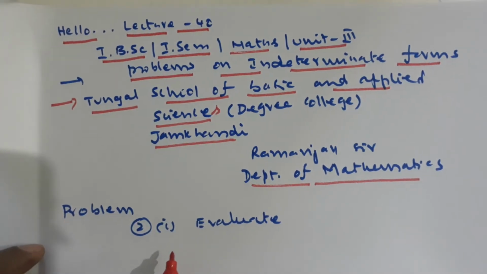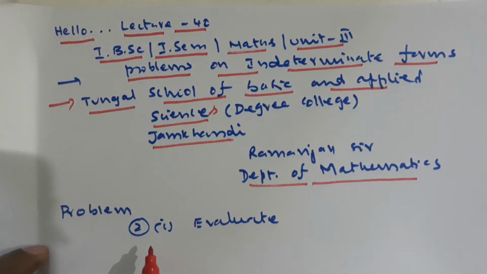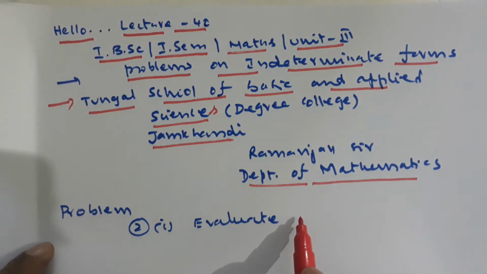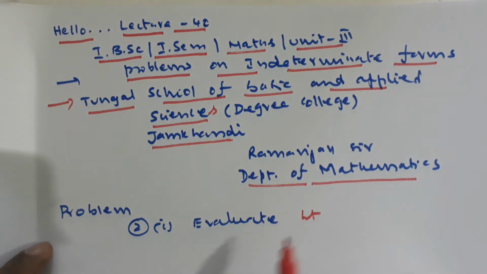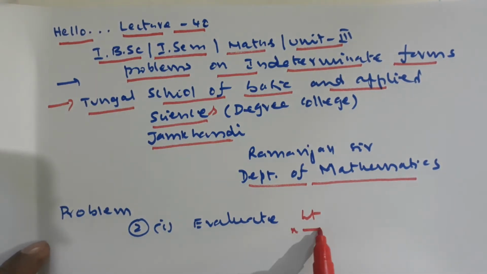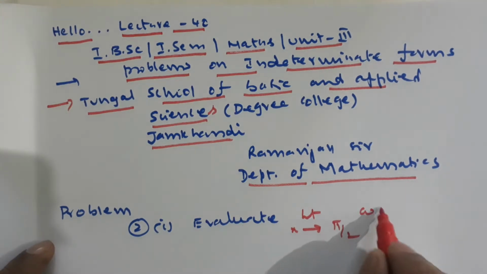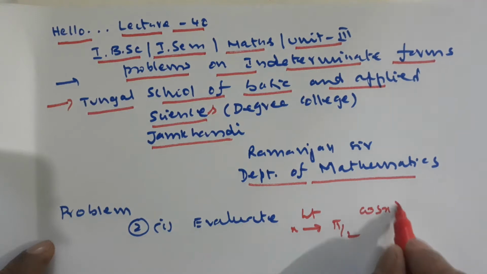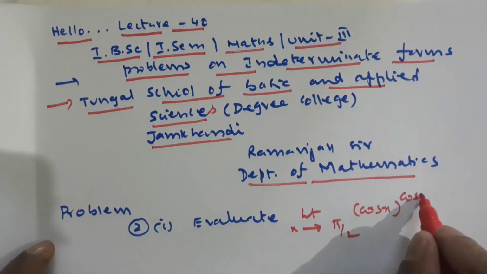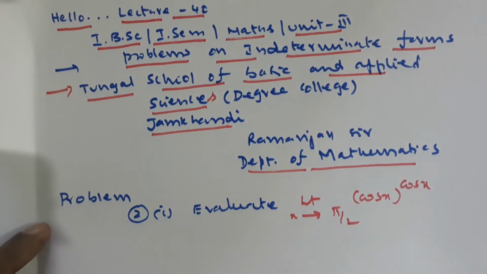So now problem 2. In the 2, let us see the problem 1. Evaluate limit x tends to pi by 2 cos x to the power of cos x.